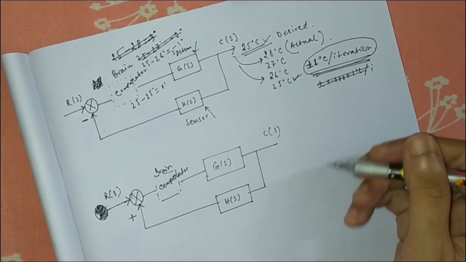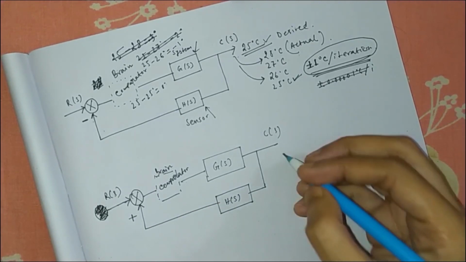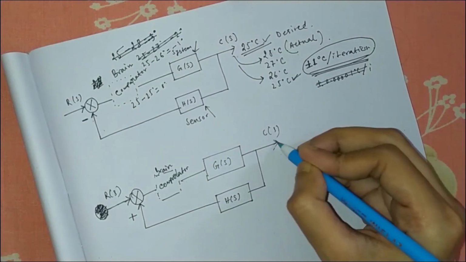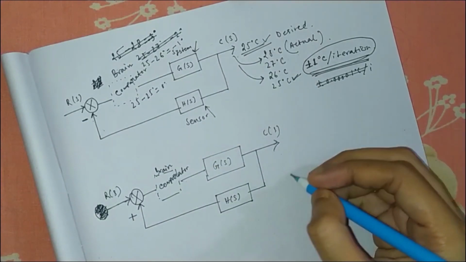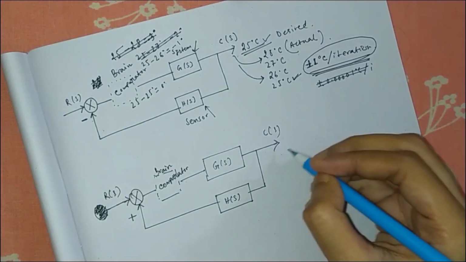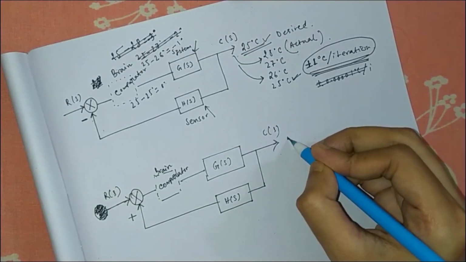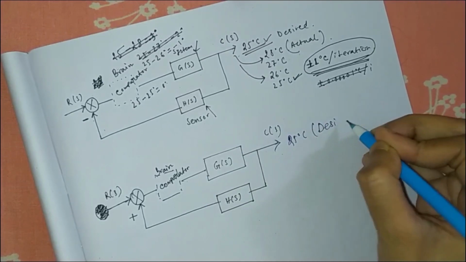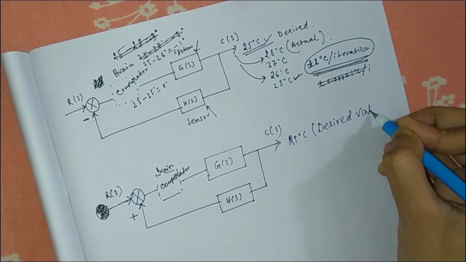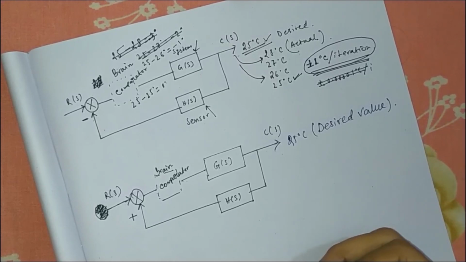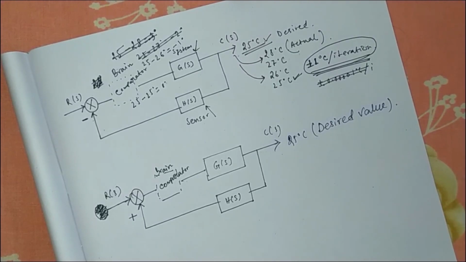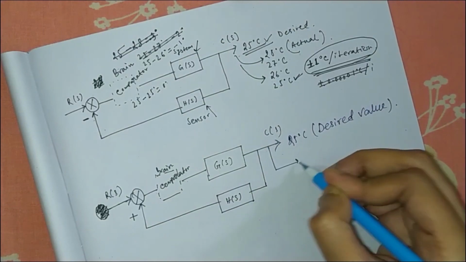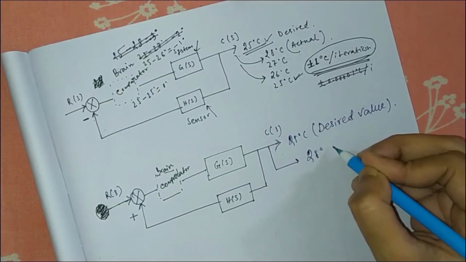Again I am doing it in another color. So again I am assuming that this is an AC. So here I want an output of 25 degrees centigrade, which is my desired value. Again I am assuming that I am getting the actual value as 28 degrees centigrade.